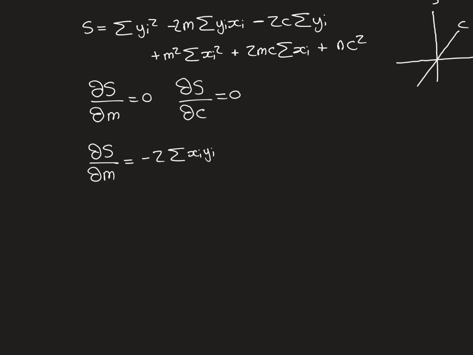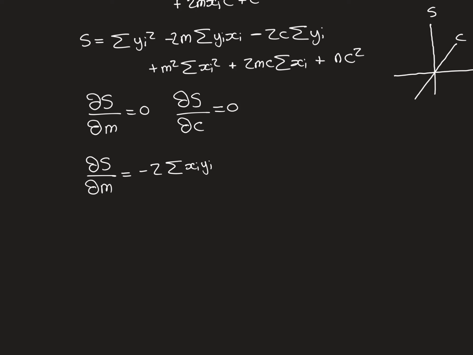Then the next bit is a linear term in c, which will go to 0 as far as the partial derivative with respect to m is concerned, because it's a constant. Then we've got a quadratic term in m squared, so that's going to differentiate to plus 2m times the coefficient, so plus 2m times the sum of xi squared.